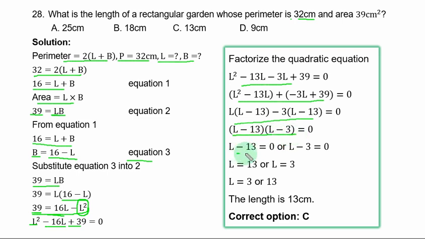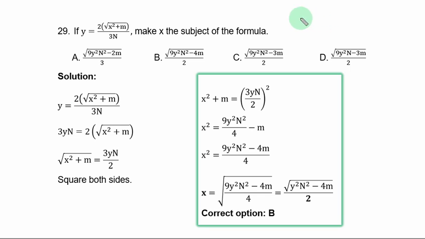You equate each term to 0, you have this, and the length is equal to 3 or 13. And you are asked to find the length. From the various options, we have 13 as the length. That is option C.